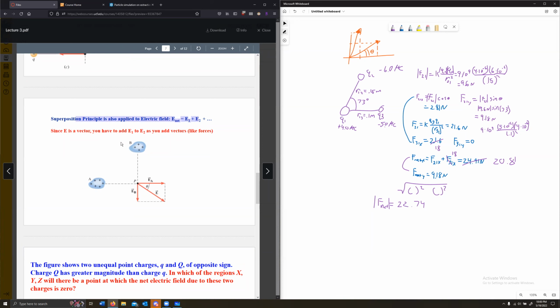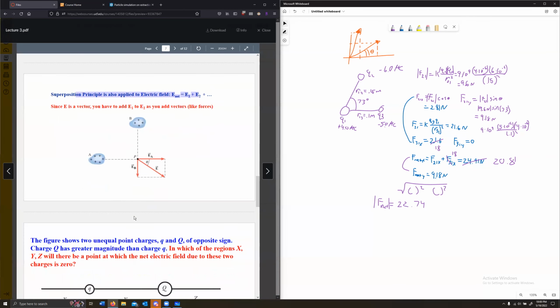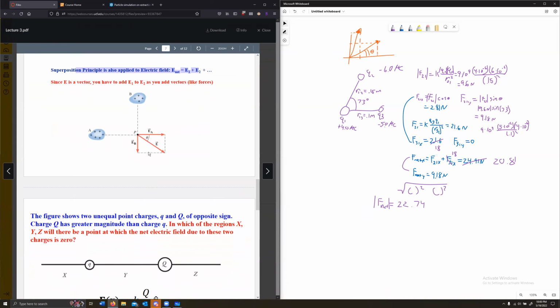Superposition principle also applies here. So add up the directions of the vectors. Since E is a vector, you have to add E1 and E2, add the like forces, and find the angle theta. This finding of the angle is used with, what is it, tangent theta equals, what was the example question again?